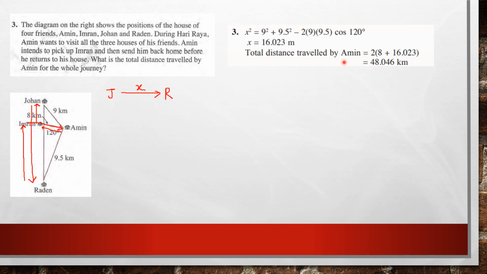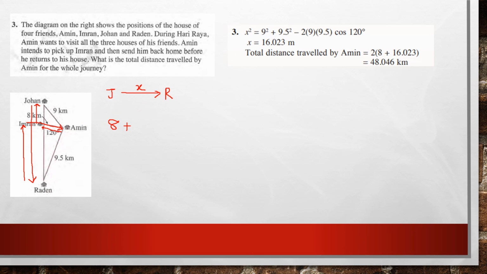So the total distance traveled by Amin, okay, from Amin to Imran's house, 8, plus, you can notice this arrow. From Imran to Johan, then we come back from Radin to Imran. That means this equals the distance between Johan and Radin's house.